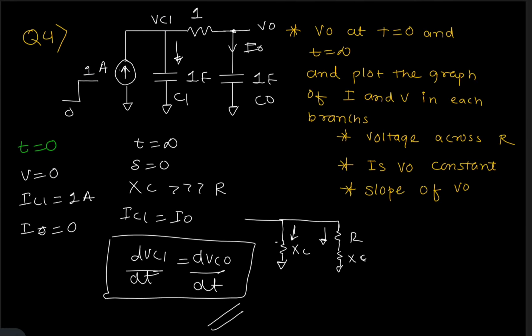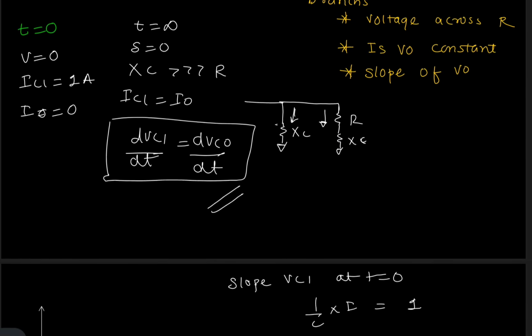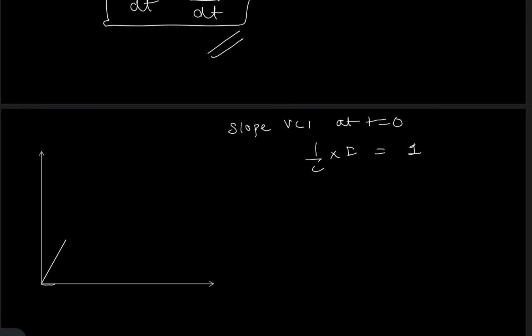And then what happened? Due to the current IR in this branch, this started increasing slowly. Okay, then it gets increased slowly. So this was increased, and then at last this was getting increased this way, and at last it settled to the slope.